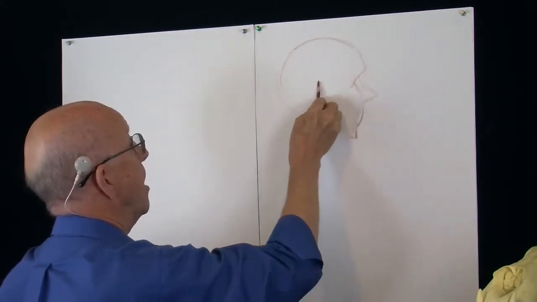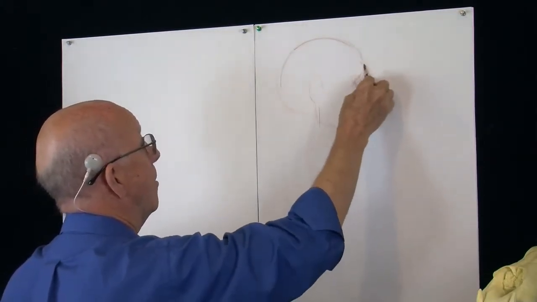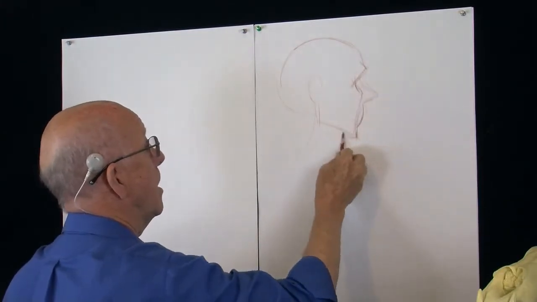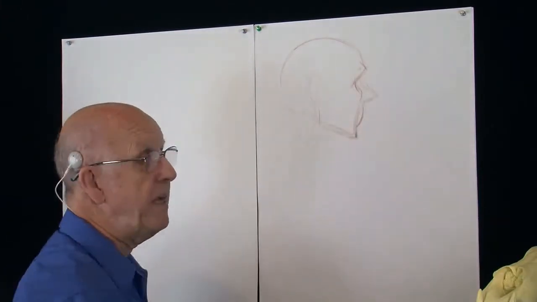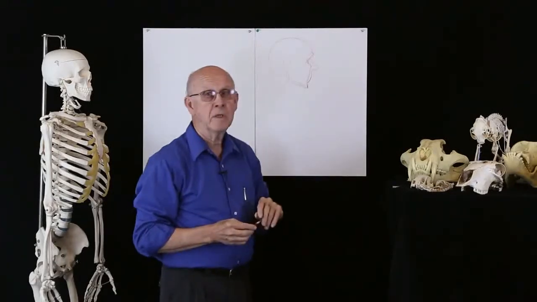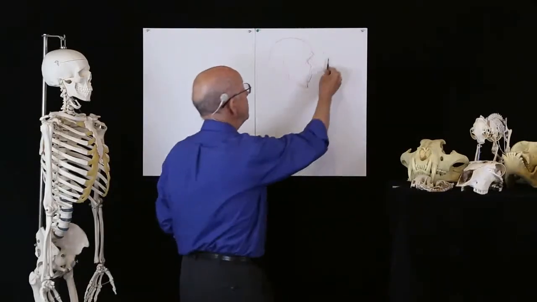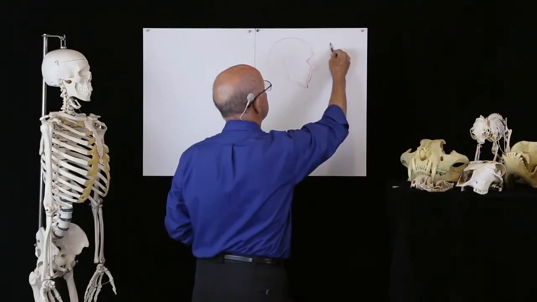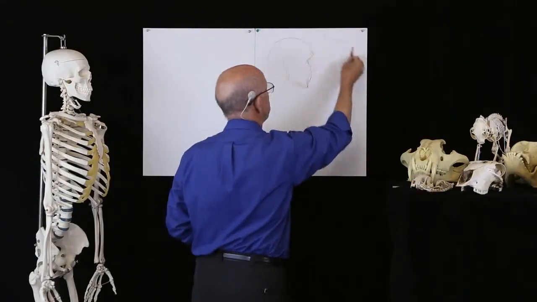And the neck would come down, ears here. Now, if we take from that, starting out with this basic idea, let's do this a couple of different ways. Let's do a 3/4.